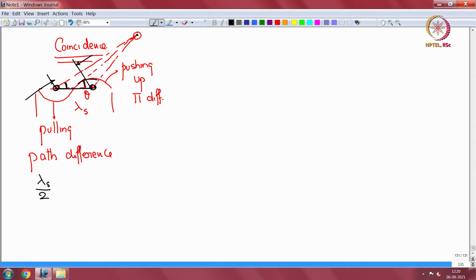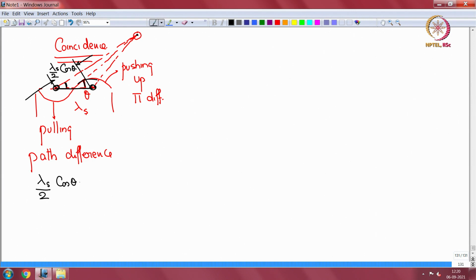So, this is lambda structure by 2 cos theta. Lambda structure by 2 cos theta is the path difference.